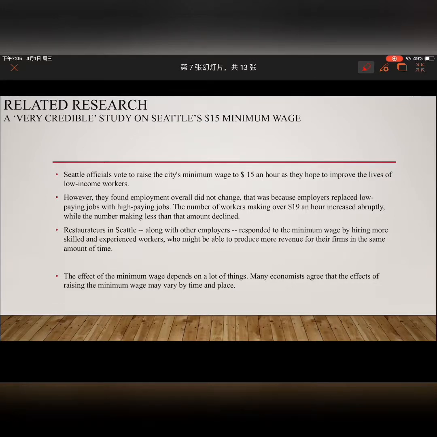The effect of a minimum wage depends on a lot of things, and the effect of raising the minimum wage may also vary by time and place. It also can depend on what kind of economy you want to develop. There is no one minimum wage effect. Next.